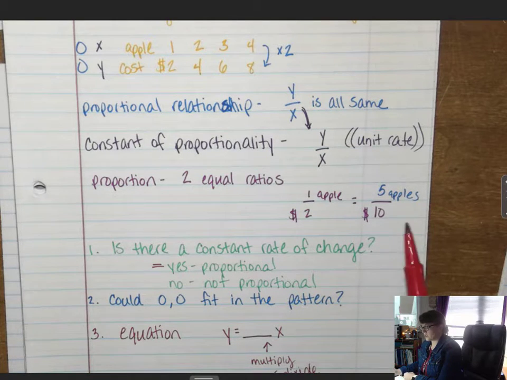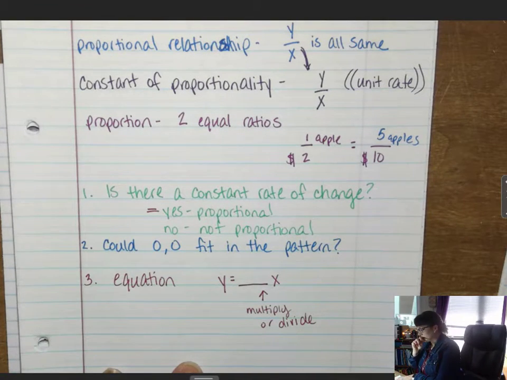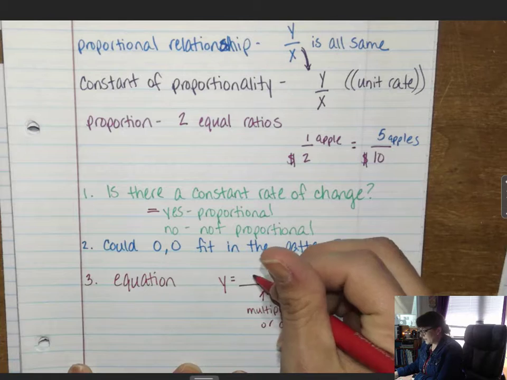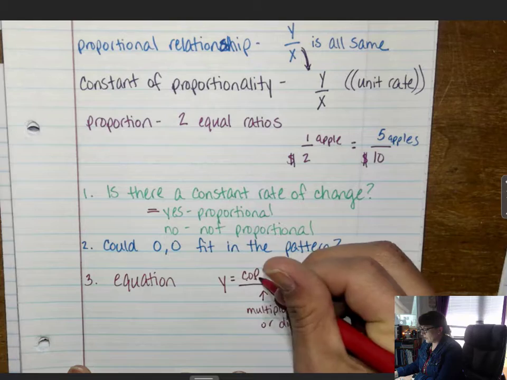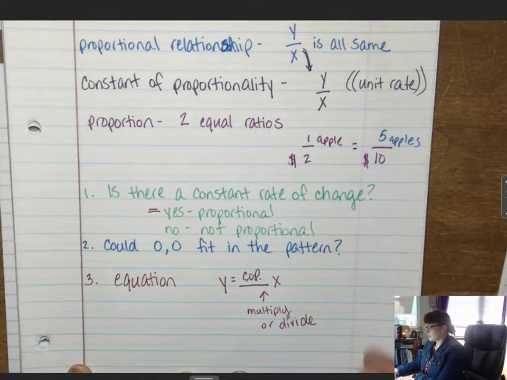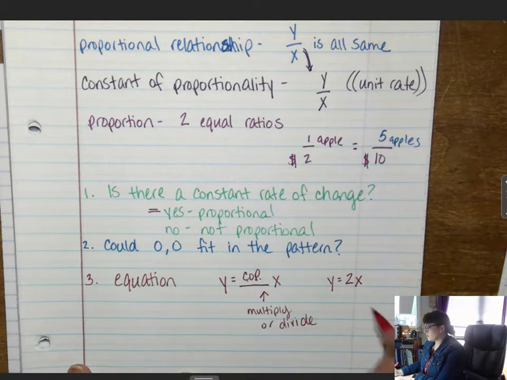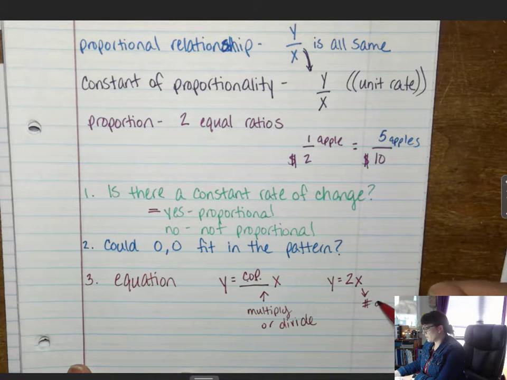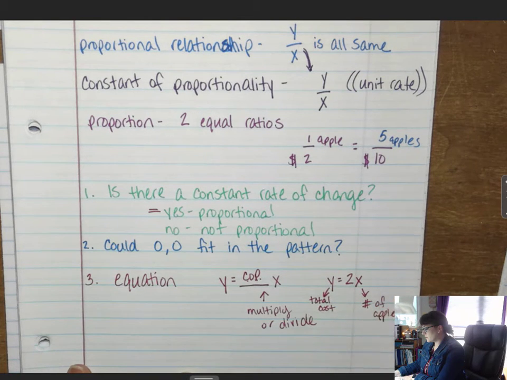So how did we figure out the cost? Let me back up. This is my COP, my constant of proportionality, which was y over x. How much was one apple? $2. So it's y equals 2x, where x is number of apples and y is the total cost. Okay?